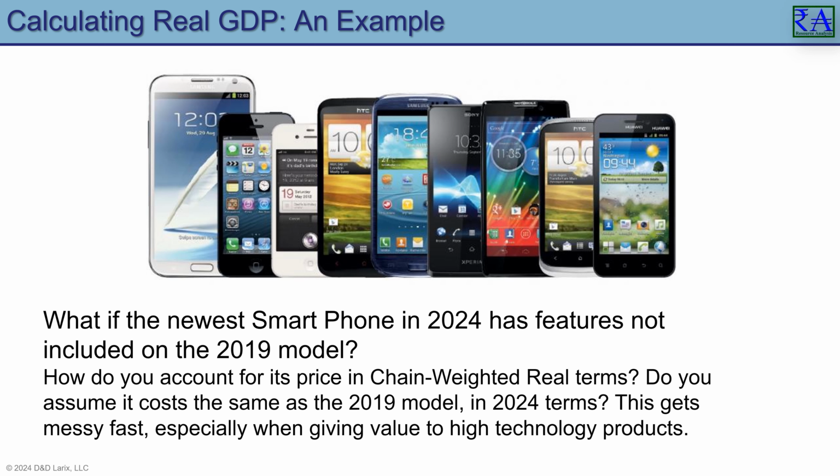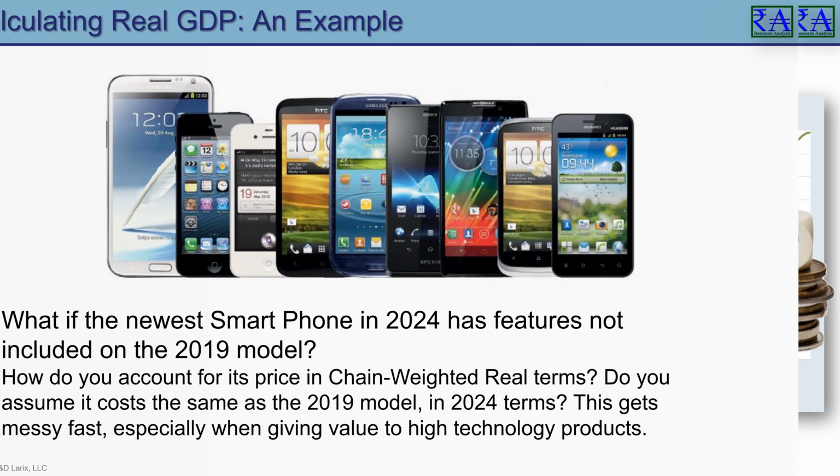Furthermore, while chain-weighted real GDP provides valuable insights, the Consumer Price Index, CPI, adjusted for nominal to real prices is often favored due to its practicality and relevance in capturing current economic conditions. Though it requires more effort to analyze, the resulting data is often more meaningful for the understanding of economic changes over time.